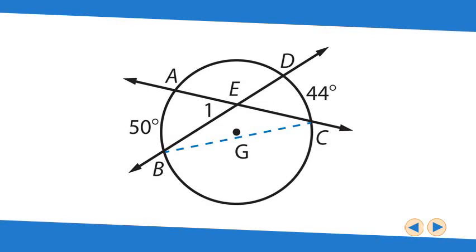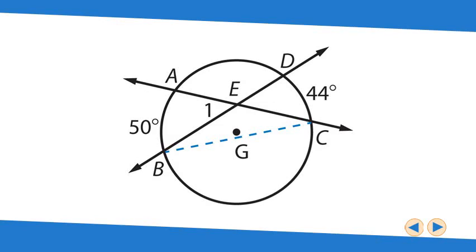We've created a triangle here, triangle EBC, and angle 1 has to equal EBC plus ECB. Well, what do you notice about angle ECB? Not only is it part of that triangle, but it also happens to be an inscribed angle. So therefore it has to be half arc AB. Angle ACB has to be 1/2 arc AB, which is 50 degrees.